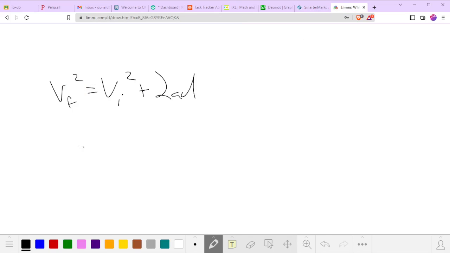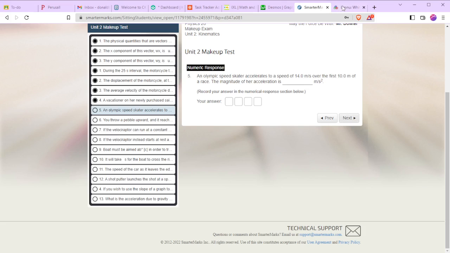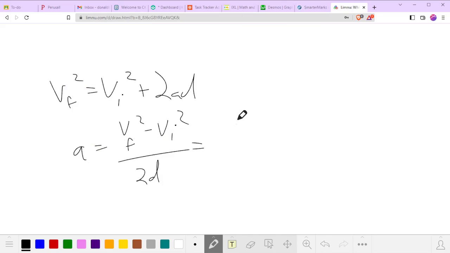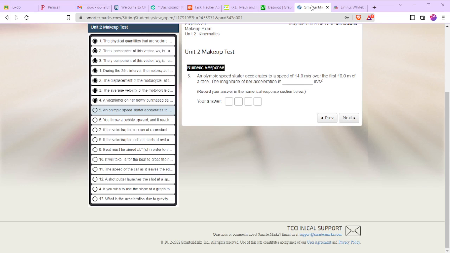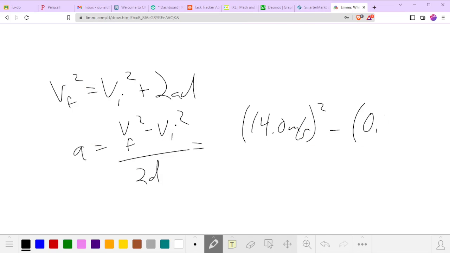We are asked for acceleration, so that's Vf squared minus Vi squared over 2D. So that is 14 meters per second squared, minus exactly 0 meters per second, and it is 10.0 meters.